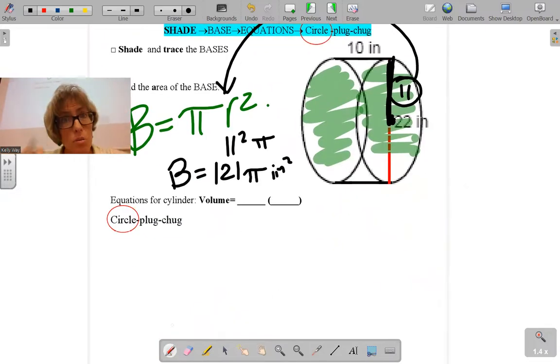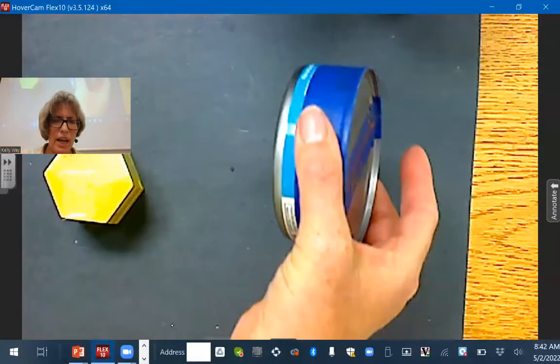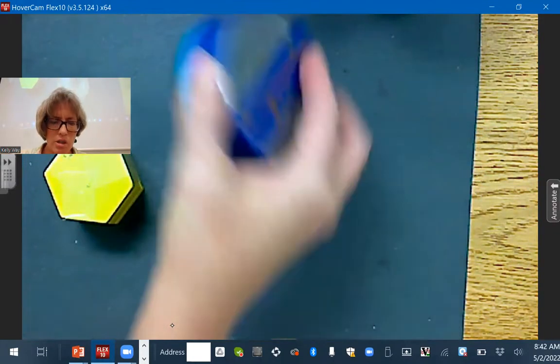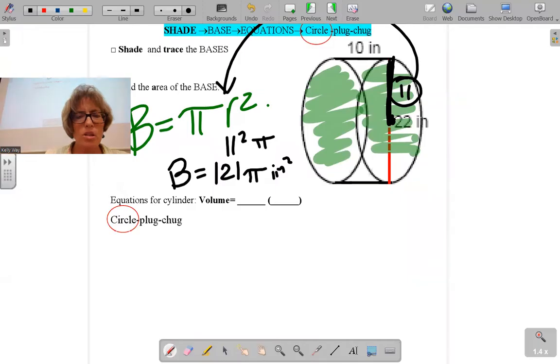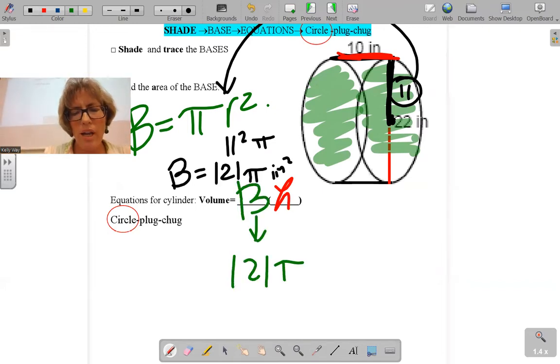Now, if this was a can and we needed to fill it up, like we needed to know the volume of this tuna can, it's going to be base times the height, which is the distance between the bases. So our height here is that 10. Base times height: our base, 121 pi, our height, 10.